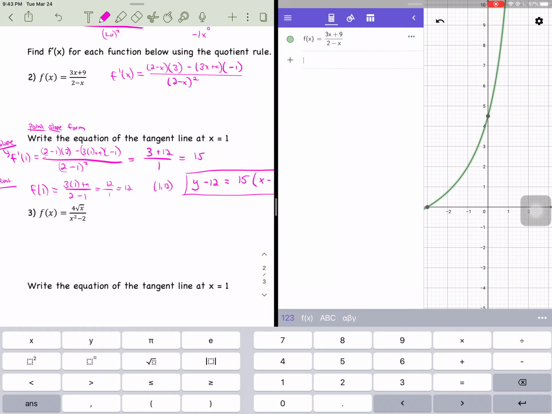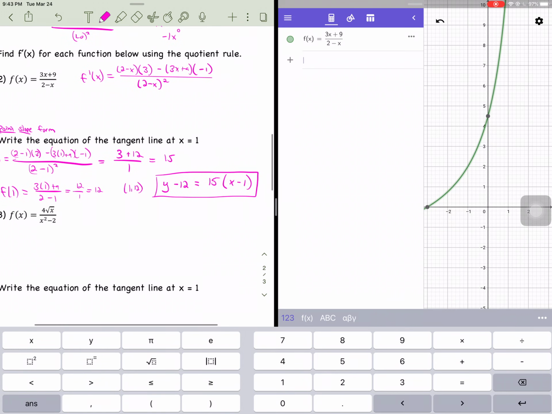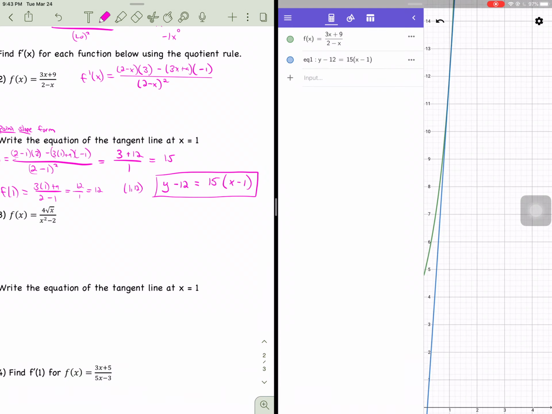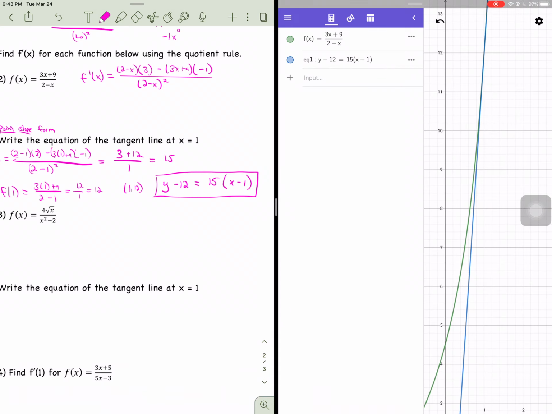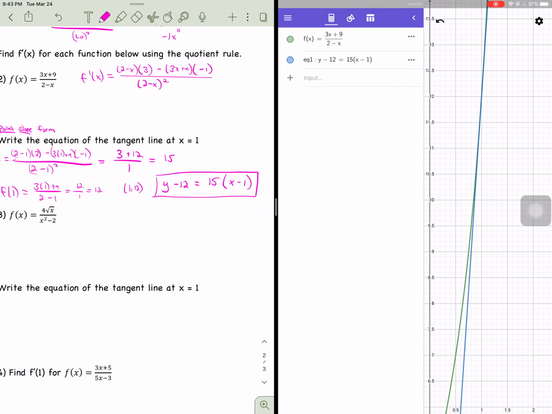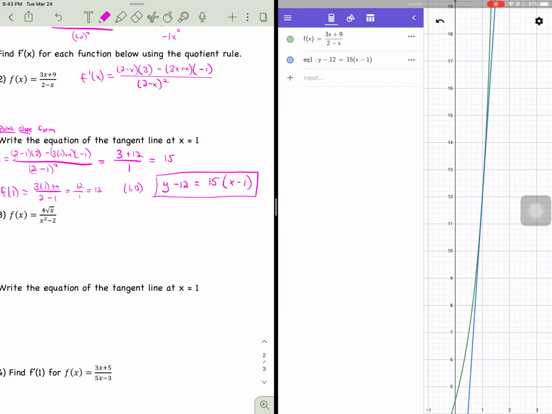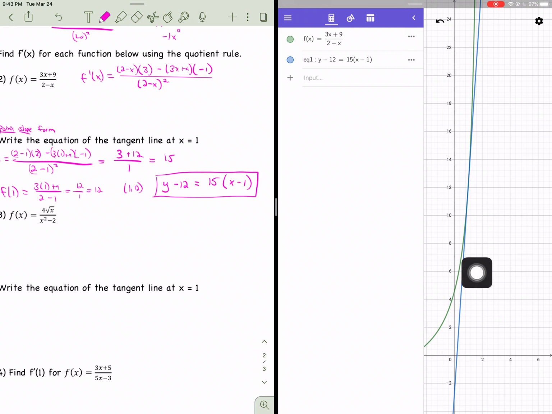And we want to know at 1, what happens if I graph this line? y minus 12 equals 15, parentheses, x minus 1. And if we look, this is the tangent line at the exact moment when x is 1. And it might not look like it, but it is. And you can kind of see it. The blue line is the tangent line when x is 1. There it is.